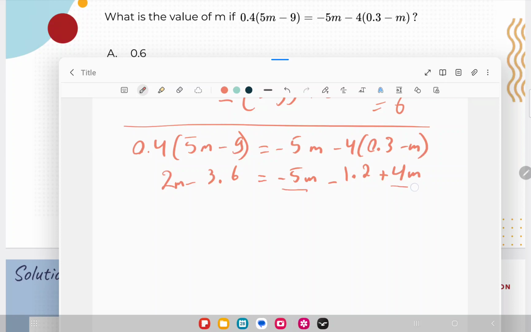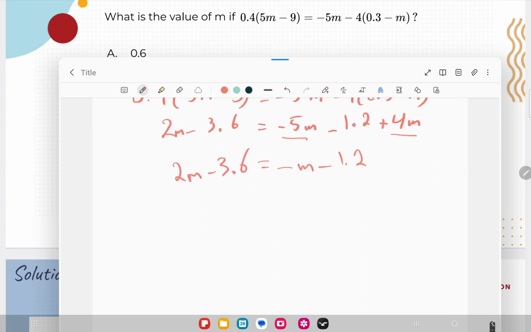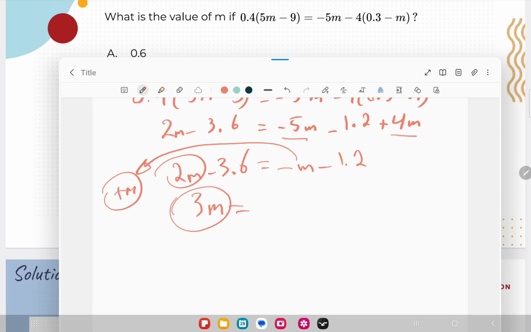So minus 5m plus 4m is minus m, minus 1.2, and 2m minus 3.6. So this is going to be 3m. I'm going to move this over, and it goes as plus m. So 2m plus m is 3m.